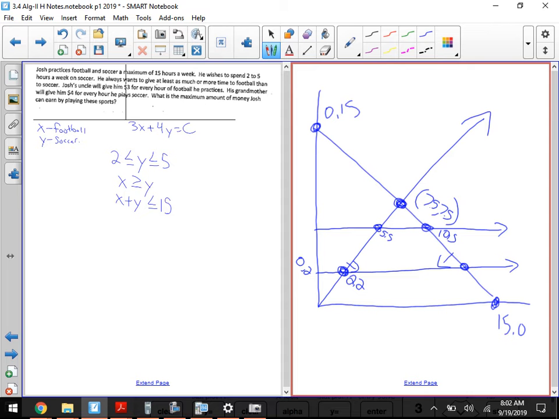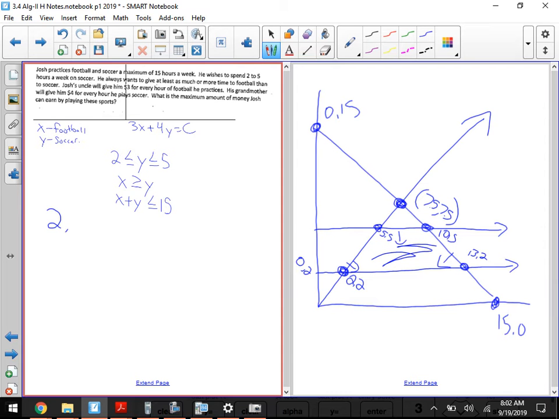If y is 2, what is your x value? 13. So my ordered pair here is 13, 2. And now the shading gives me that trapezoidal region. Ordered pairs then would be at 2, 2, 5, 5, 10, 5, and 13, 2.